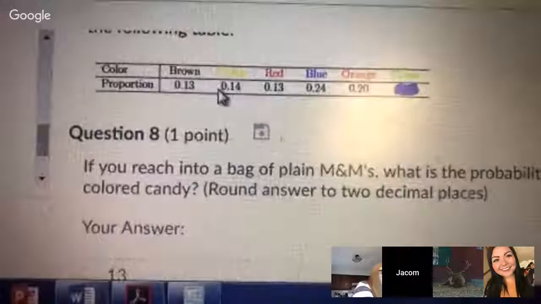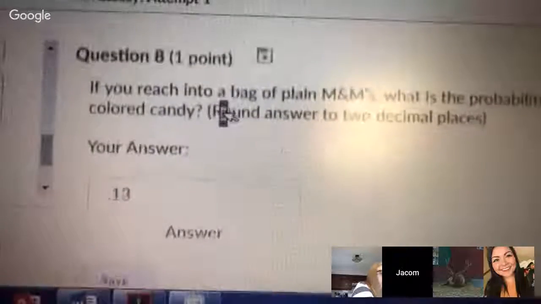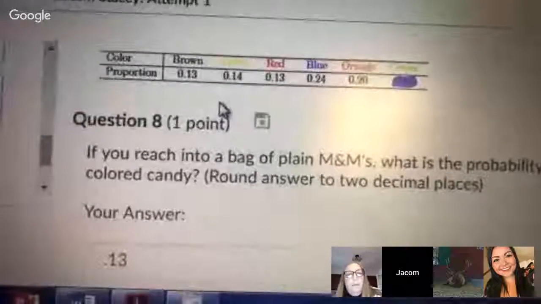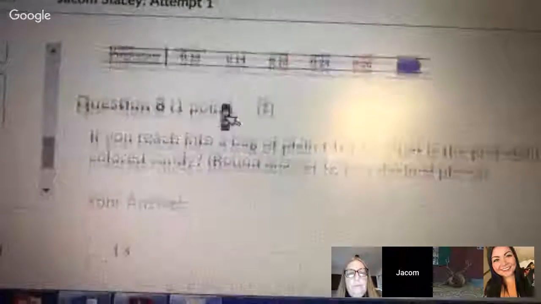Okay. So the missing number on the table is 0.16, right? Yes. And that's the answer to number 9, right?